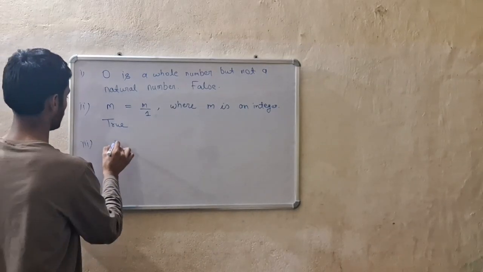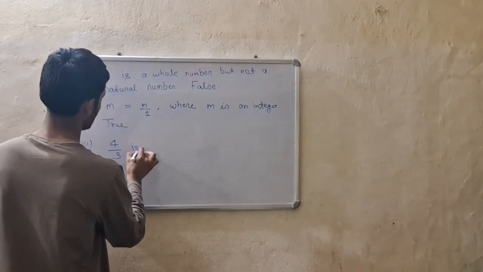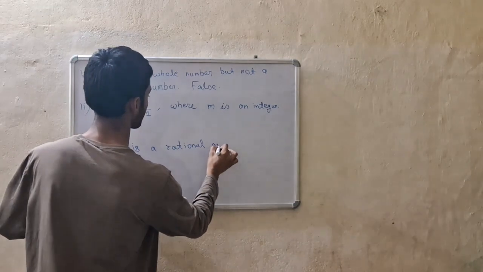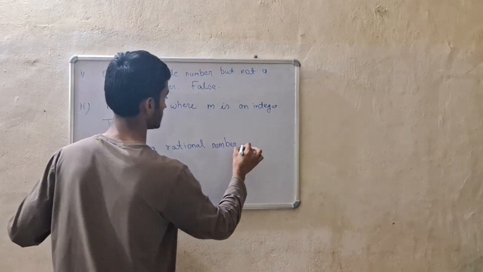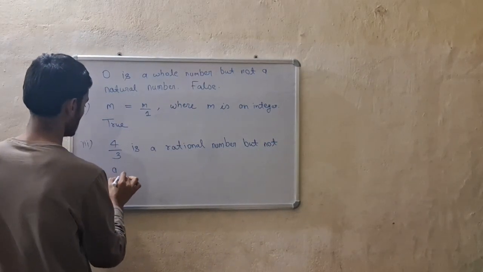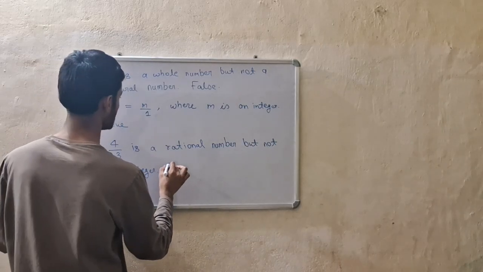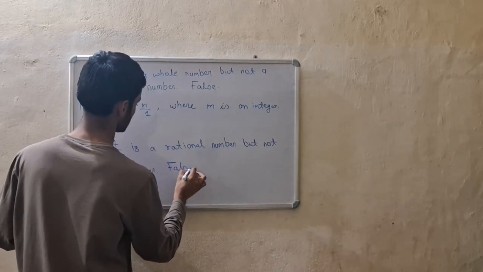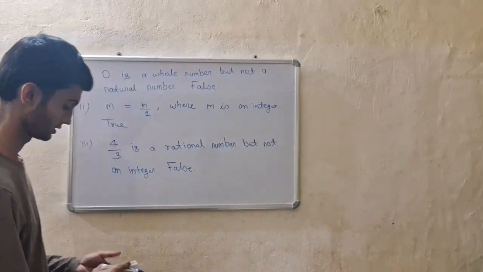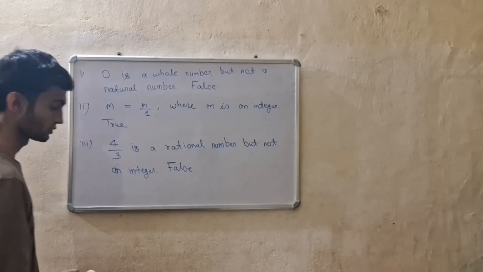So you can say that 4 upon 3 is a rational number, but not an integer. So this is false. There's nothing much about it, just basic things to review. So these 3 statements were given.